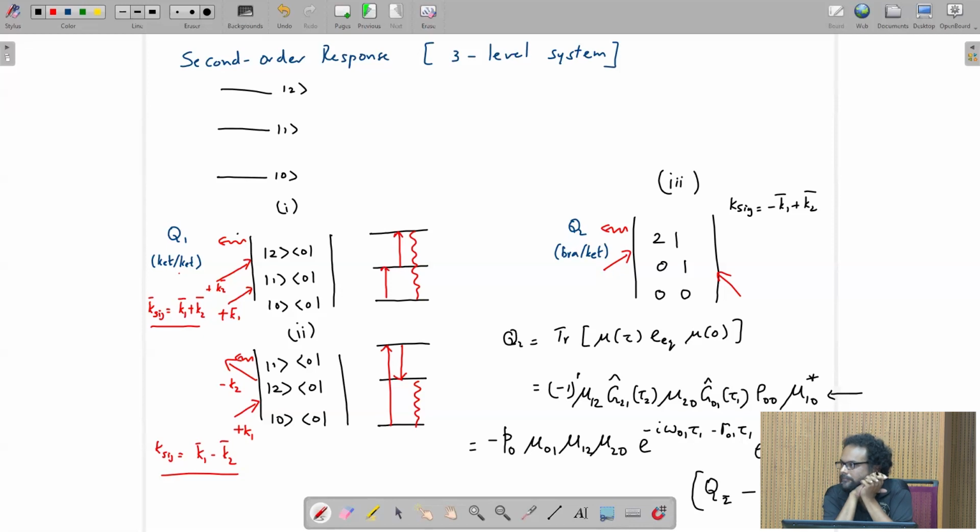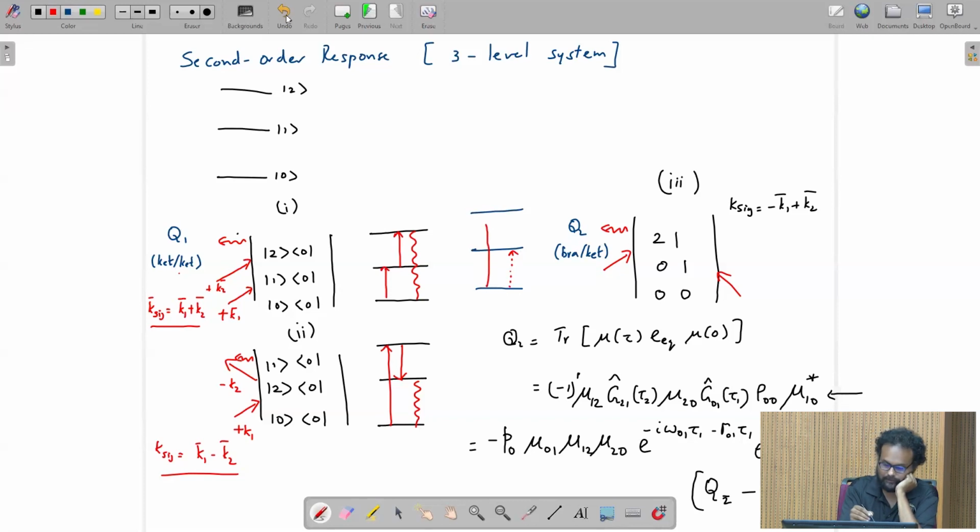Go ahead. What would the ladder diagram for Q2 look like? Question. Let's write it down. So your first interaction will be, your second interaction acting from here.